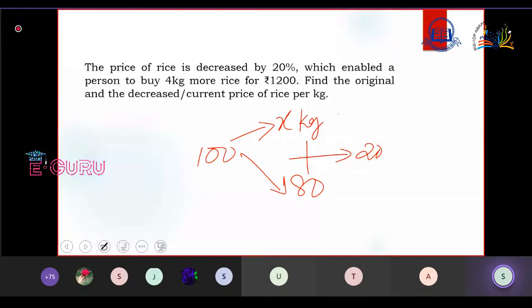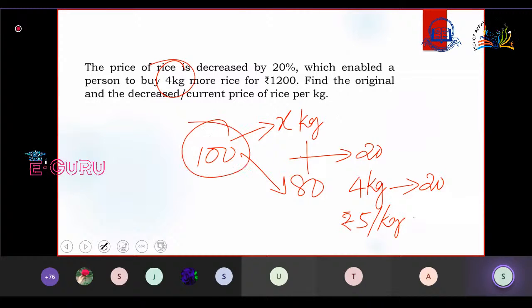With this 20 rupees you made the additional purchase of 4 kilogram. So you know that for buying 4 kilogram, 20 rupees is the current price. So for 4 kilogram if it is 20, for 1 kilogram it will be 5 rupees, right? Otherwise you can say that the current price is rupees 5 per kilogram.